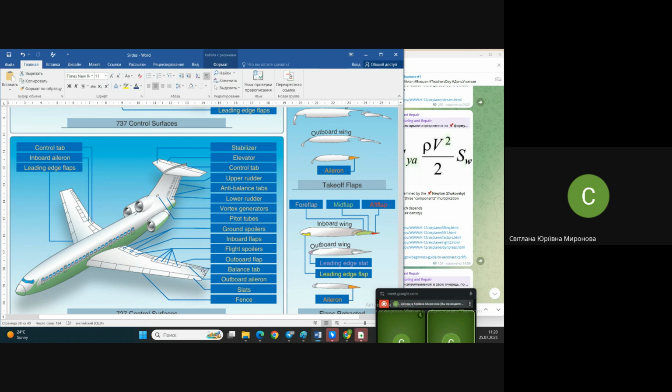They have a rather weird arrangement, but it exists: aileron, next flap, next aileron again, and next flap. So it's not true that they are always closer to the tip. Not always, you see.